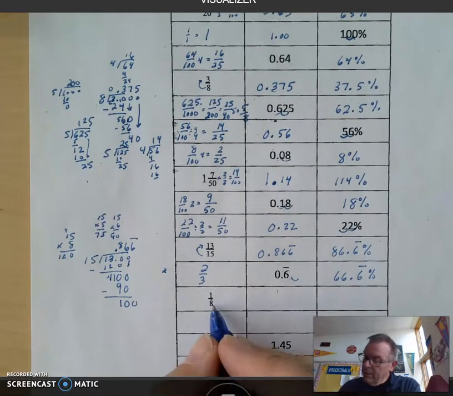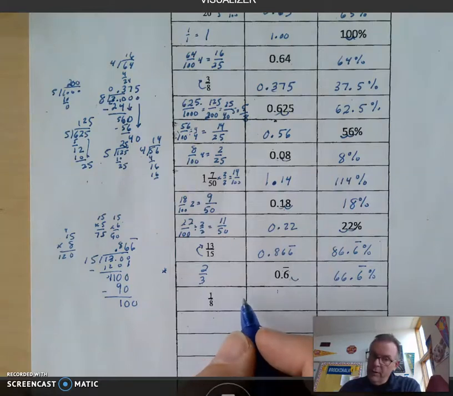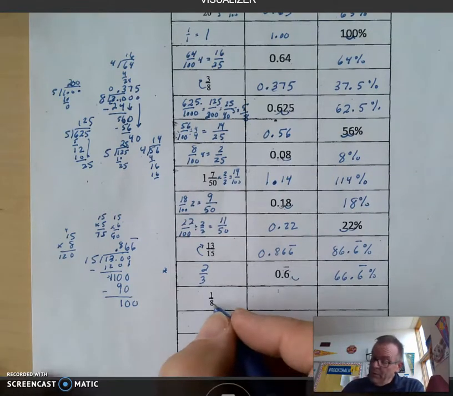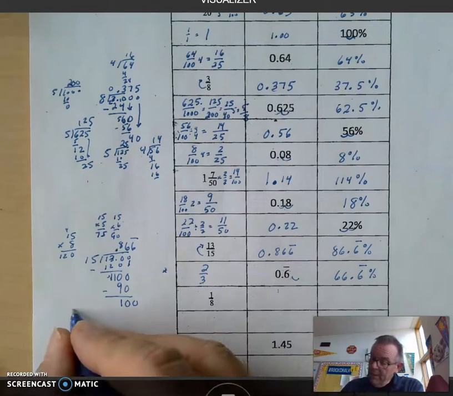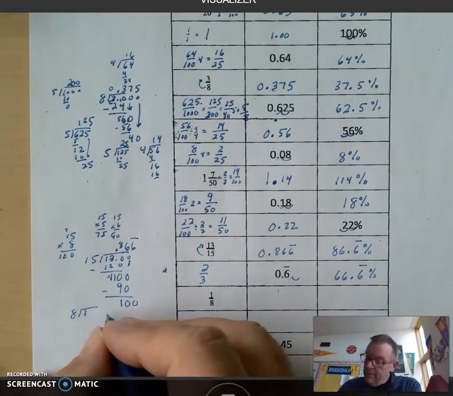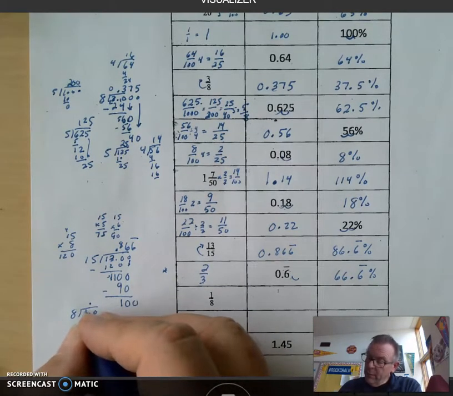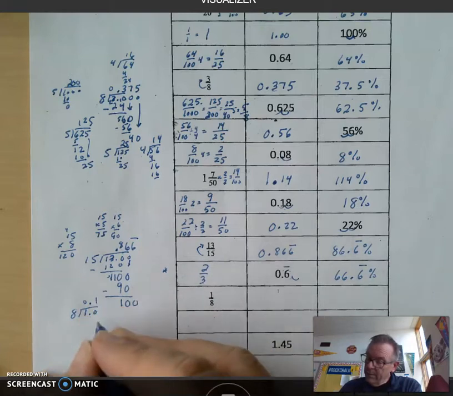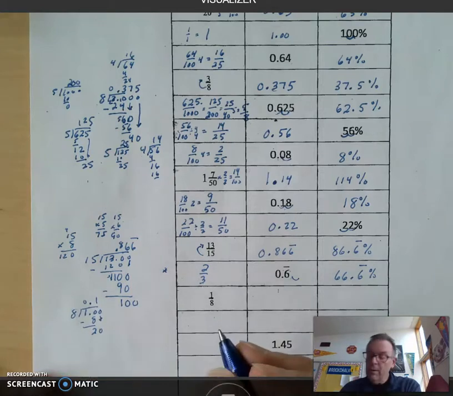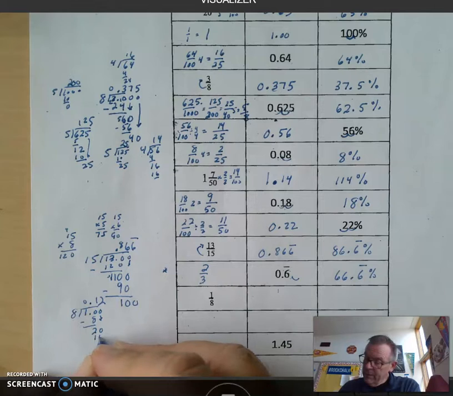All right, we have another one. There is not an easy way to do this one in terms of to 100. Some people know this one off the top of their head, but 8 into 1, decimal 0, elevate the decimal. So 8 doesn't go into 1, but it does go into 10 one time. 10 minus 8 is 2. 0, bring it down. 8 into 20 goes 2 times. 16.